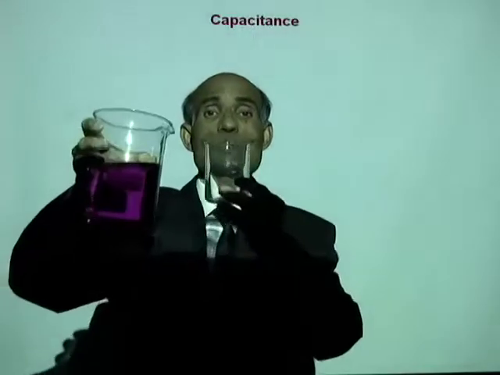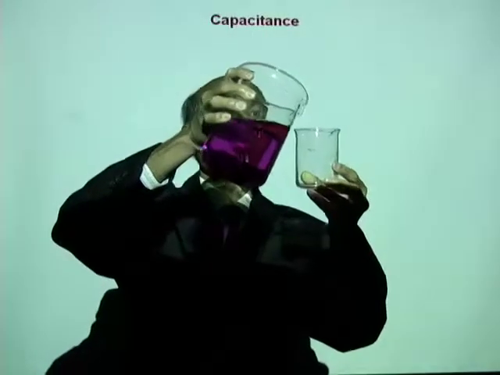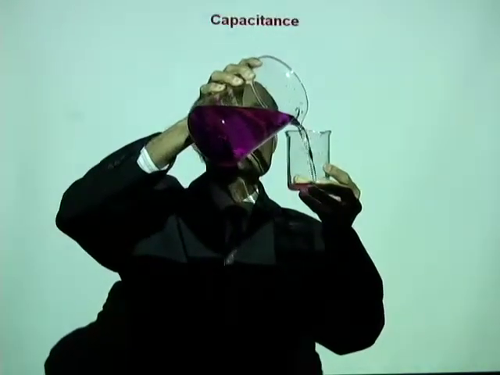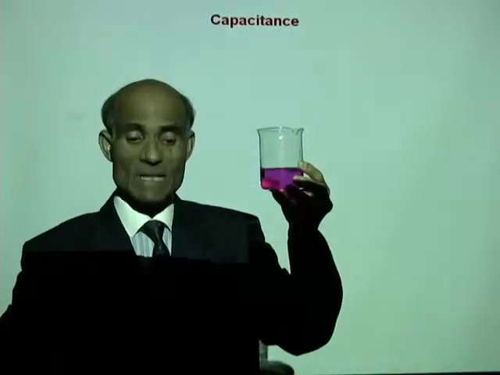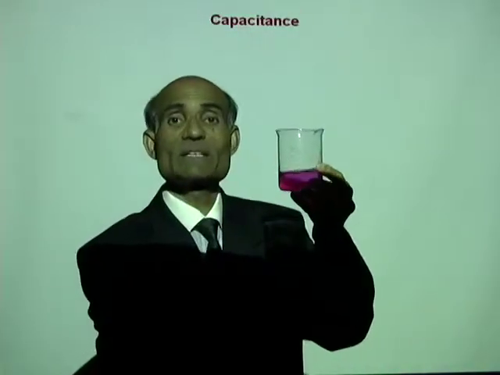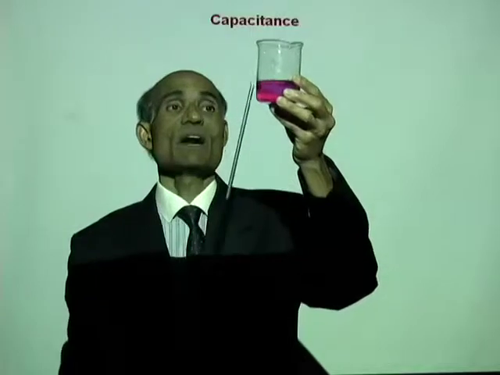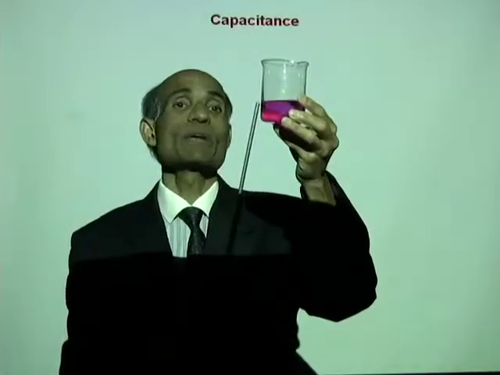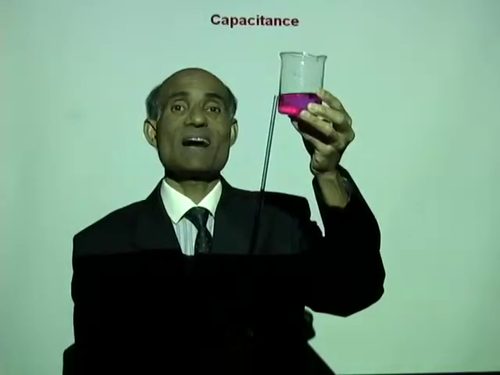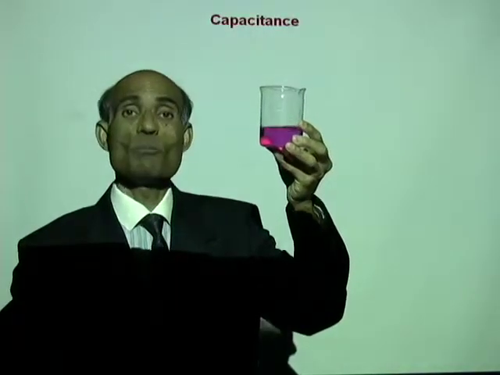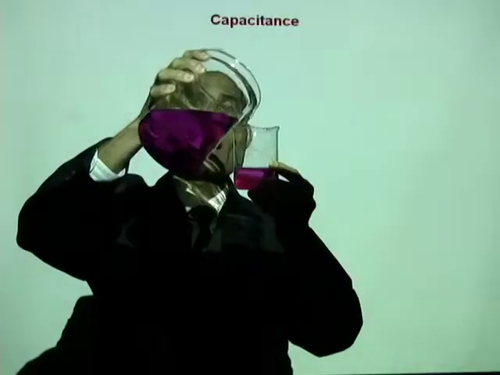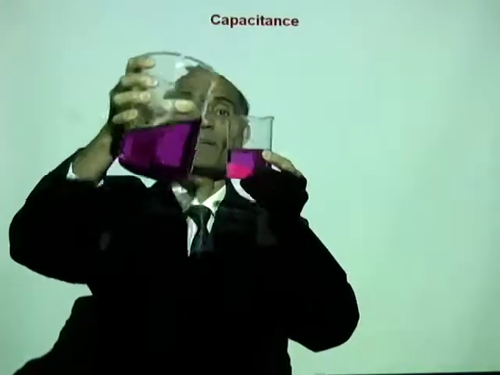When I pour some liquid into this container, the height of the liquid in the container increases. Now, when I poured liquid into it, its height is this much. If I pour more liquid, the height increases.